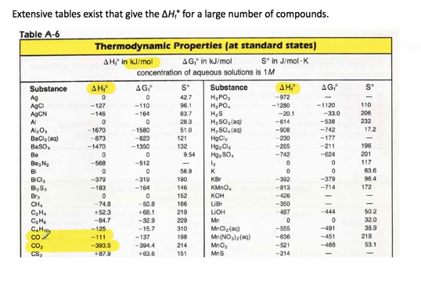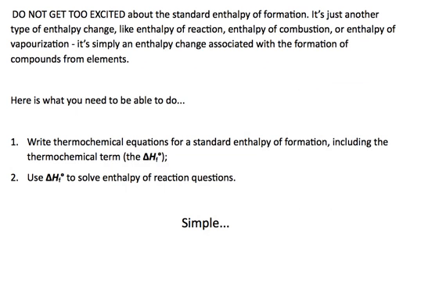And so basically enthalpy of formation of carbon monoxide, negative 111 kilojoules per 1 mole of CO formed. All right. Now, you don't have to get too worried about this. It's just another enthalpy term. It's just specific formation of compounds from their elements. And that specificity also extends to formation of 1 mole of the compound.